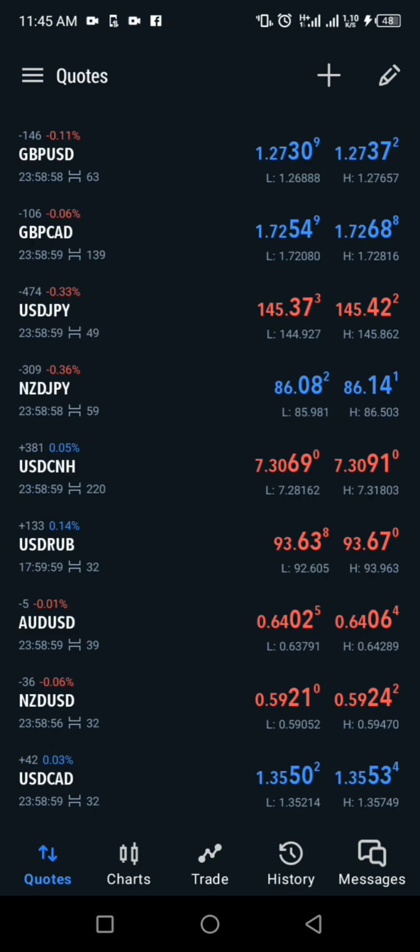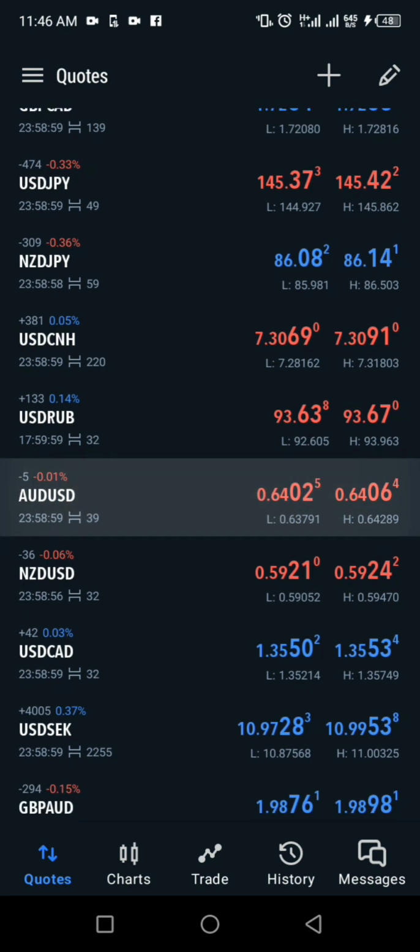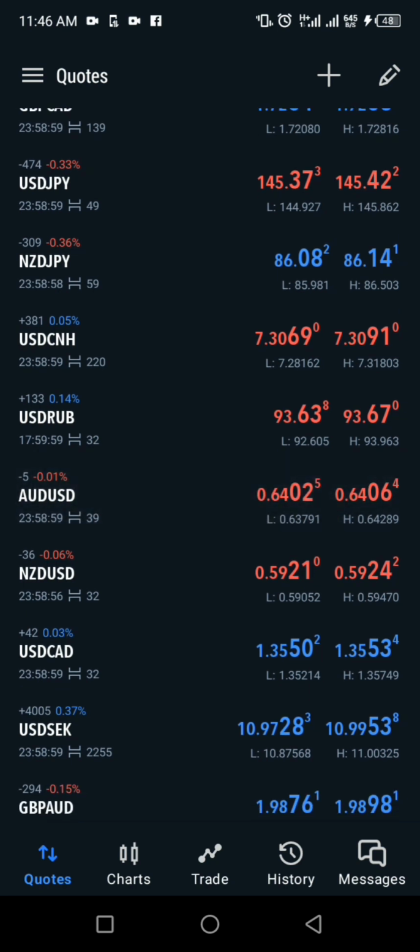Now there are some situations whereby the stronger currency, instead of being put as the base currency, that is in the first position, is placed as the quote currency. That means the stronger currency is now taking the weaker position. So an example of that is AUD USD, that's the Australian dollar against the United States dollar.